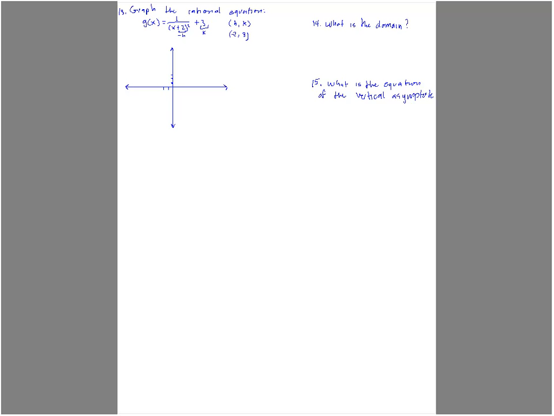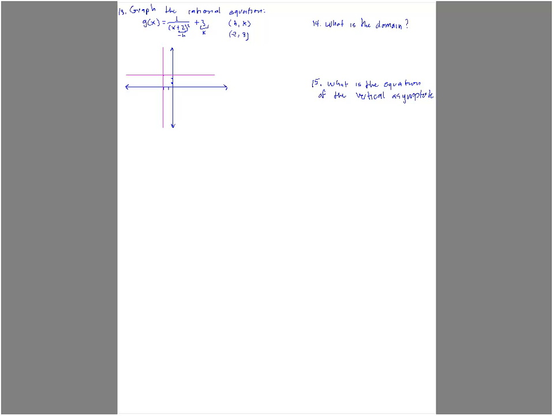Normally with rational equations like this, you have a vertical and horizontal asymptote, and they all cross at a particular point. In this case, it's the, for lack of a better word, vertex. So that crosses at that point here.